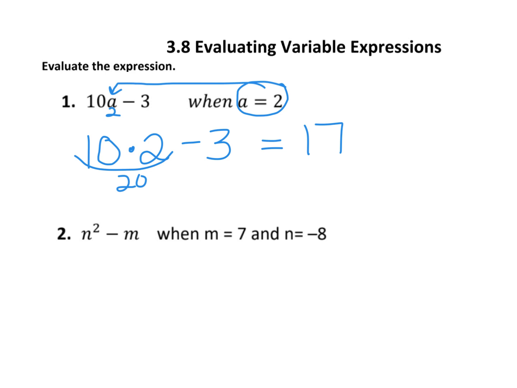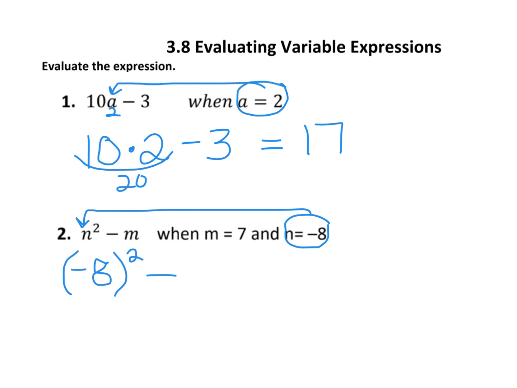For number 2, I'm going to take this negative 8. Now this is where we need to be really careful, and I'm going to put it in place of the n. If you're doing this on your calculator and you put a negative number in place of a variable and it's going to have an exponent on it, you're going to want to put it in parentheses. And if you don't, it won't be right.